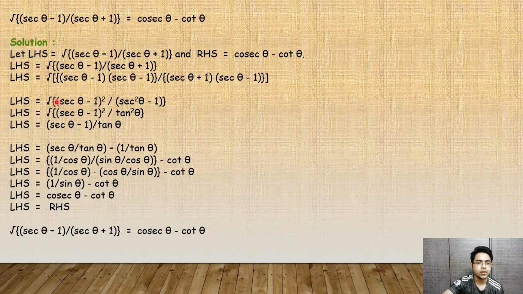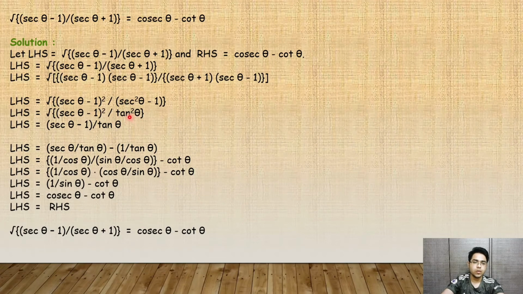So we'll be getting under root of (sec θ minus 1) into (sec θ minus 1) divided by (sec θ plus 1) into (sec θ minus 1). So LHS is equal to under root of (sec θ minus 1) bracket square divided by sec²θ minus 1, and we'll be getting LHS is equal to (sec θ minus 1) bracket square divided by tan²θ.